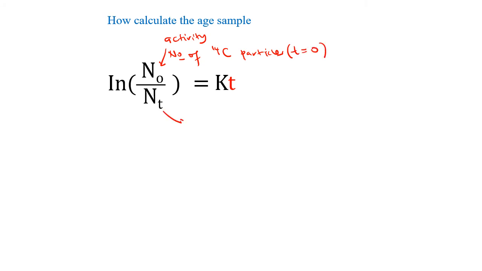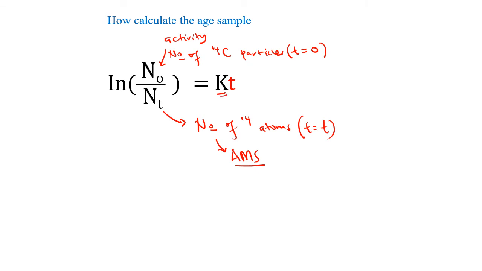However, Nt will be the number of carbon-14 atoms after some time. So this will be got from the accelerator mass spectrometer. The machine can give you how many atoms of carbon-14 are present in the sample.